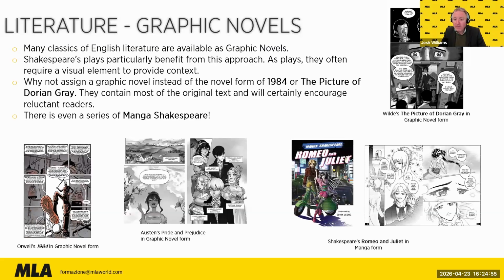Okay, there's even, as was pointed out before, this series of manga Shakespeares, so you can get manga Romeo and Juliet updated into the manga world, but a really good idea as well with the original text, not necessarily all of the original text, but enough for them to get a good idea of it. Okay, really good thing there.